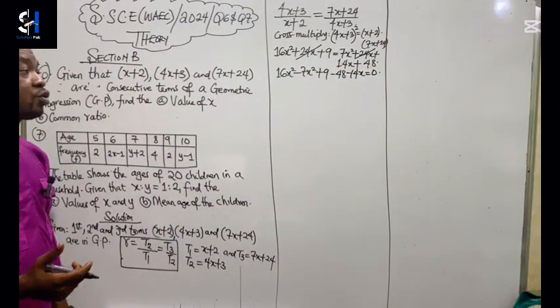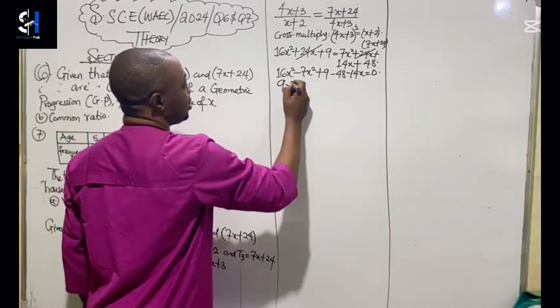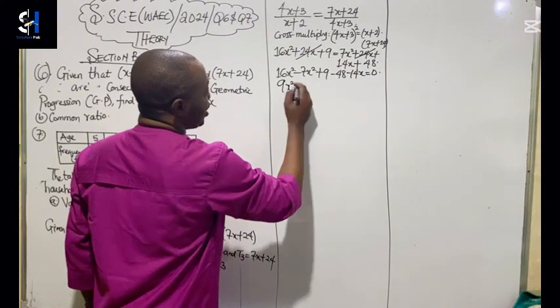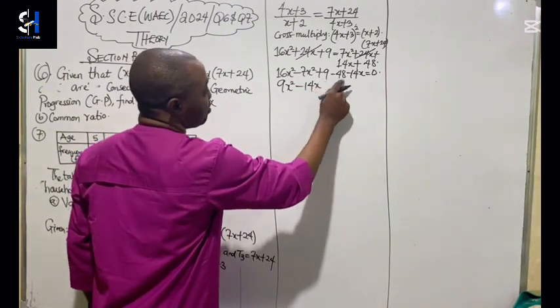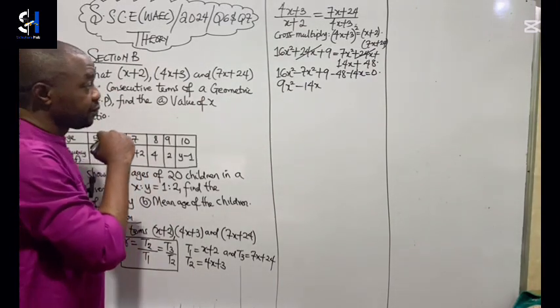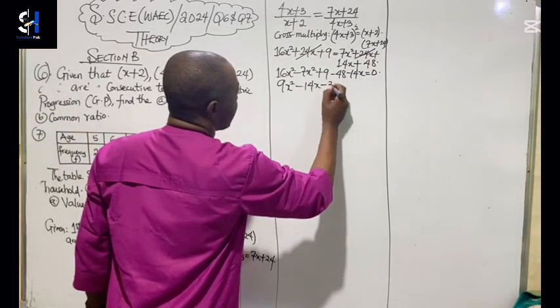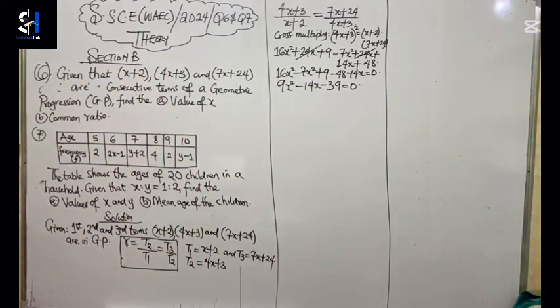So 16x squared minus 7x squared is 9x squared, then negative 14x, then 9 minus 48 is minus 39, equals 0.